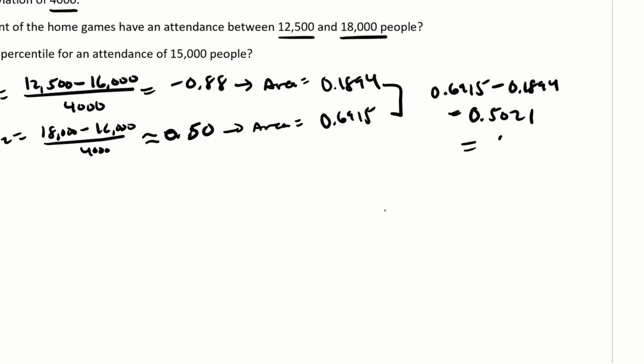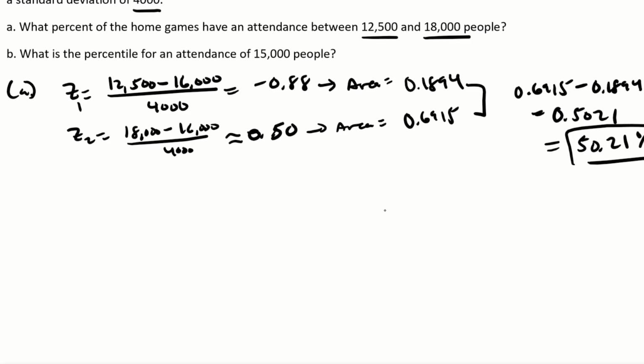Okay? So now here, part B is what is the percentile for an attendance of 15,000 people? So again, this is the area to the left. So we're going to do 15,000 minus the mean over the standard deviation. That's going to be 0.25.